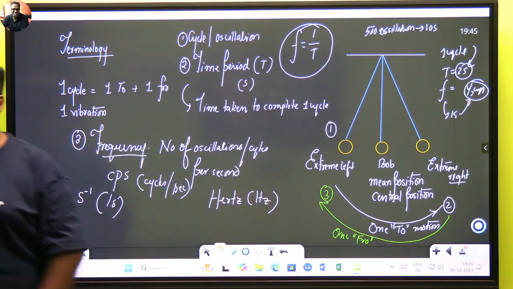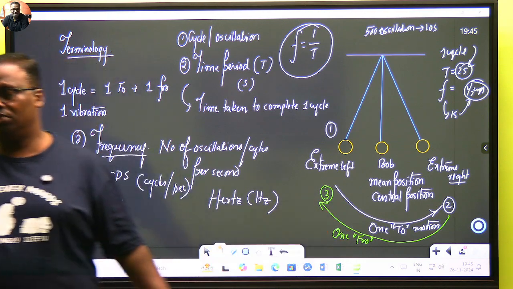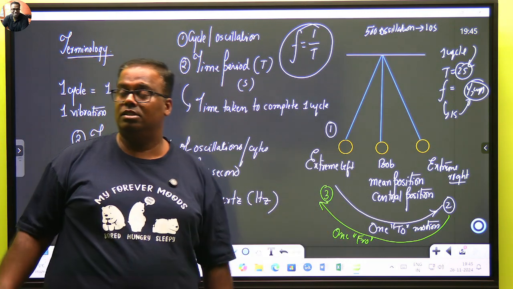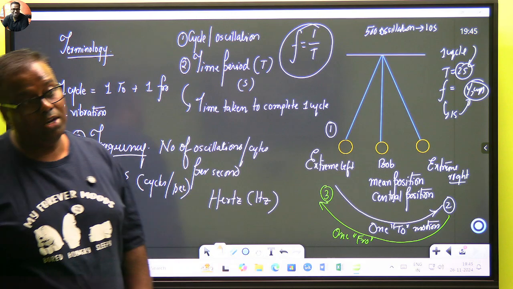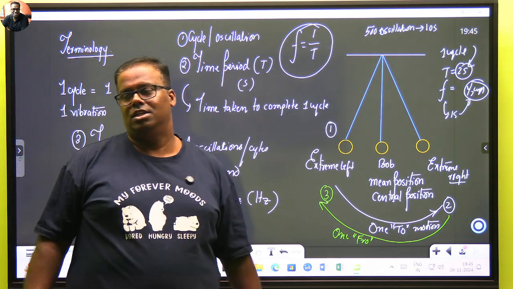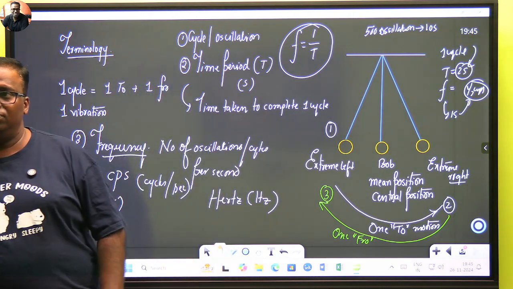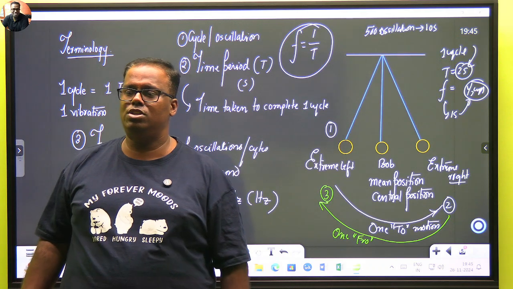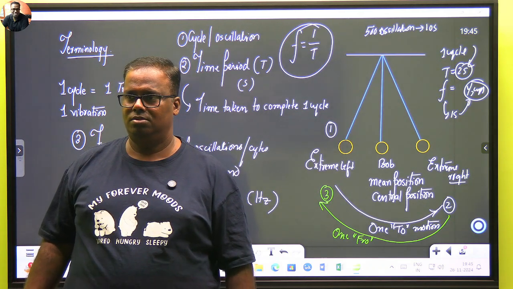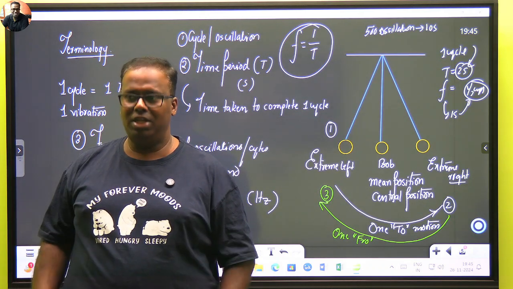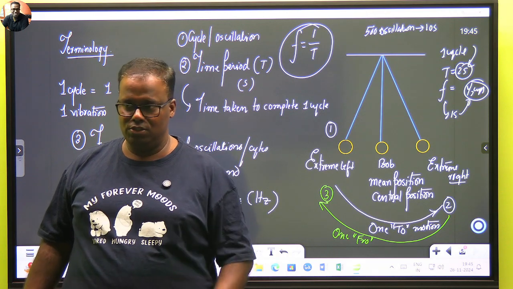In 1 second, 50 times. So the frequency will be 50 hertz. The time period will be 1 by 50 seconds. So very interesting thing. If the time period is less, the frequency is more. If the time period is less, the frequency is more.